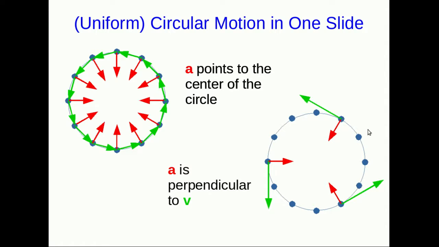And this is something that you would know from geometry from years ago in school, I hope, that a line that is radial to a circle and a line that is tangent to the same point will be perpendicular to each other. And then the final thing, which we'll show in a moment, is that the magnitude of the acceleration is v squared over r, where v is just the speed, and remember, it's uniform, and r is the radius of the circle.